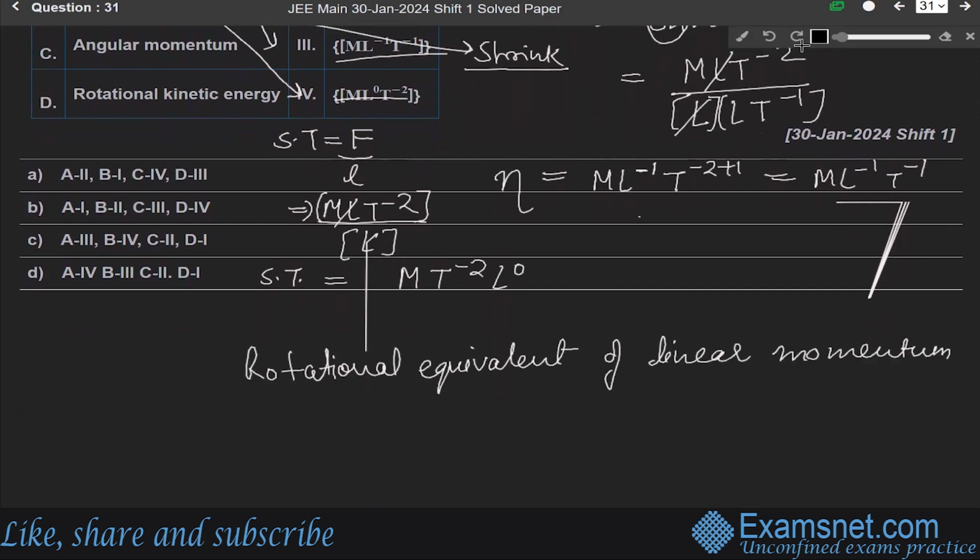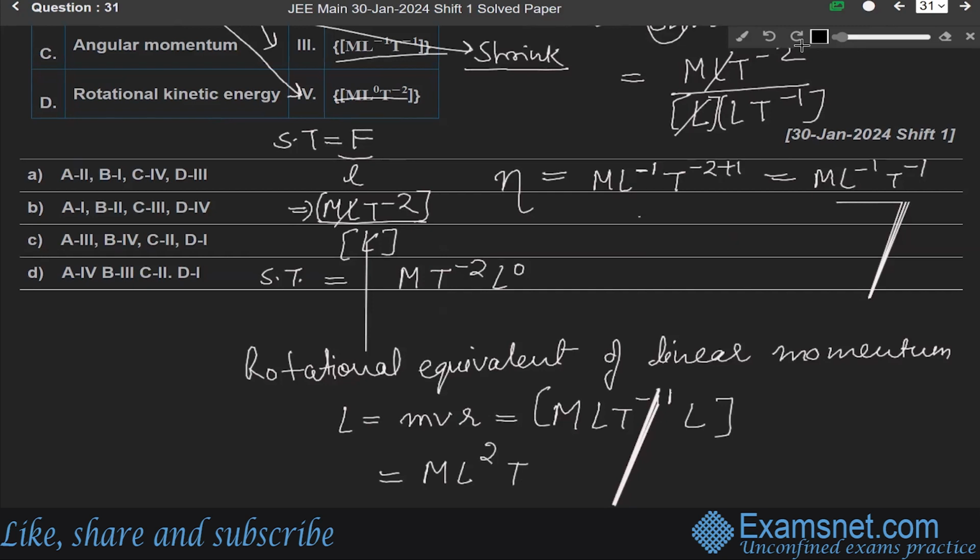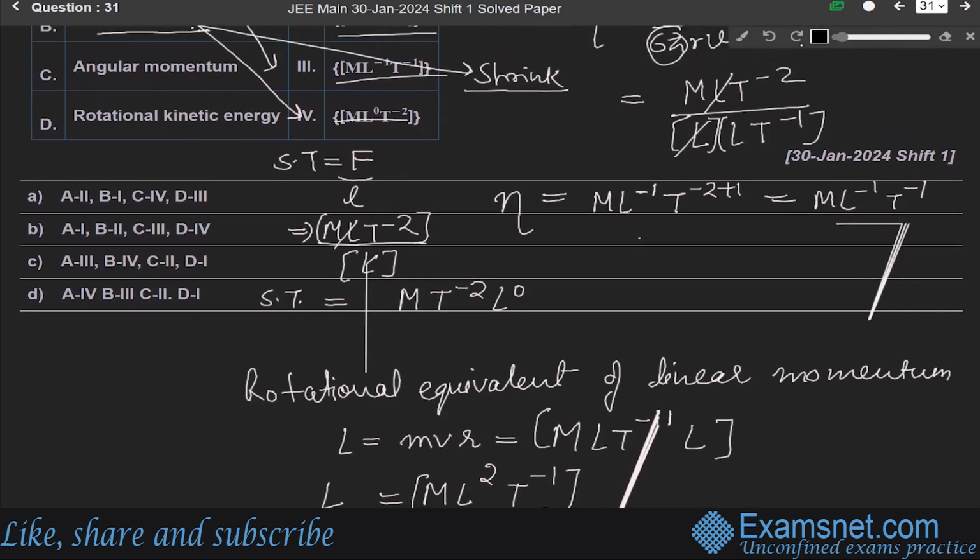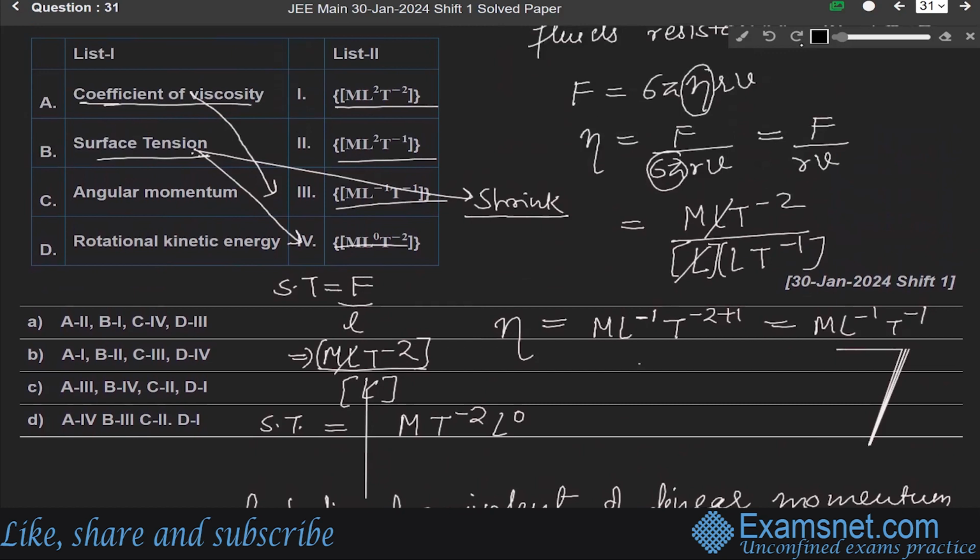Angular momentum L is MVR. So it will be M for mass, V is LT minus 1 and R is L. So it will be ML2 T minus 1. So the dimension of angular momentum is ML2 T minus 1, and C matches with the second option.